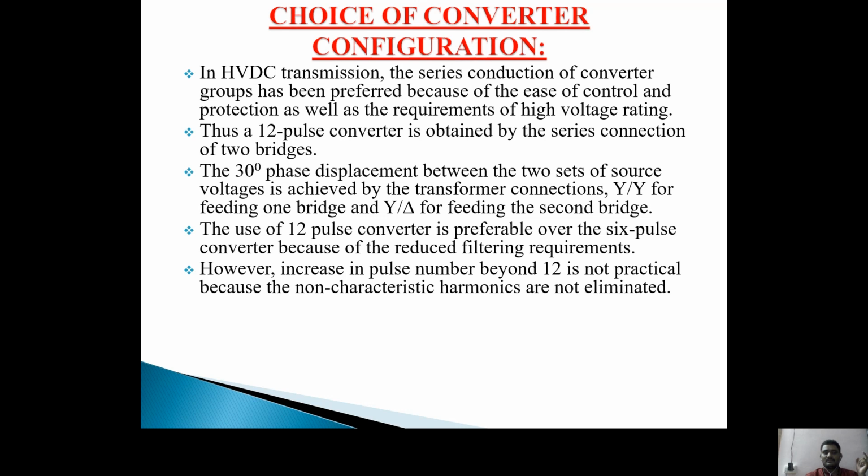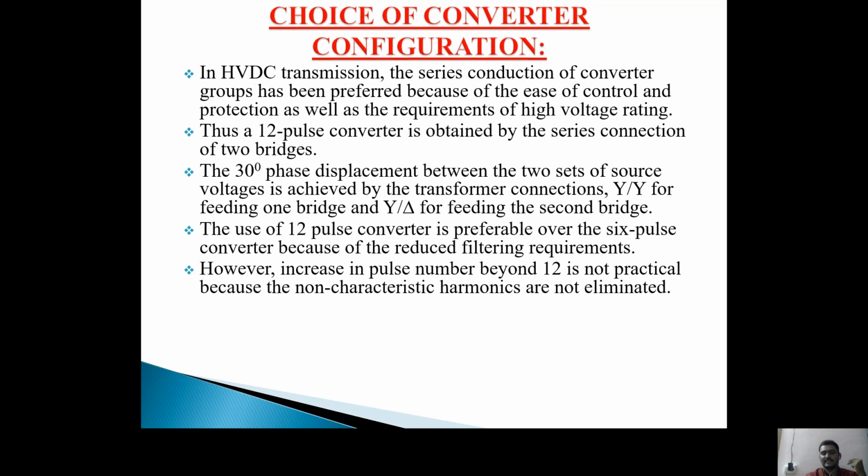The 30 degrees phase displacement between the two sets of source voltages is achieved by the transformer connections, that is star to star for feeding one bridge and star to delta for feeding the second bridge. For the first transformer we are taking the star to star connection for both primary and secondary, and for the second transformer we are taking star to delta.